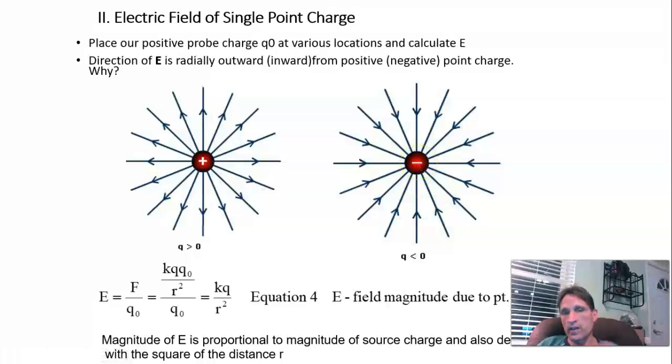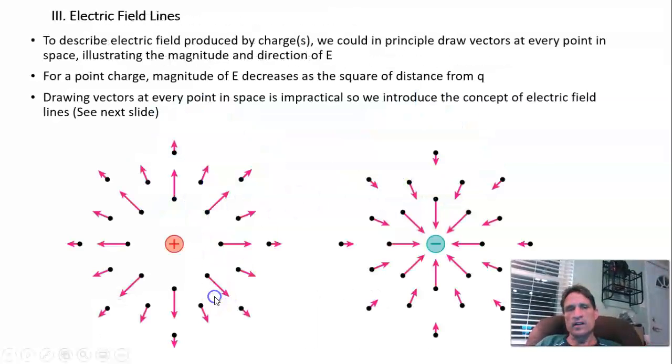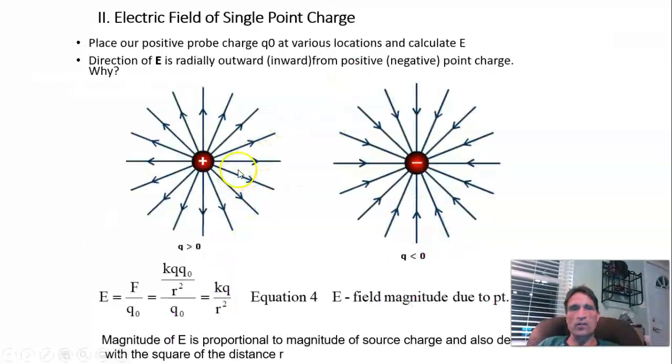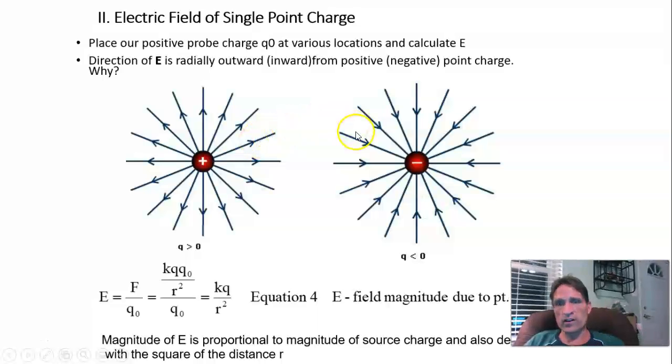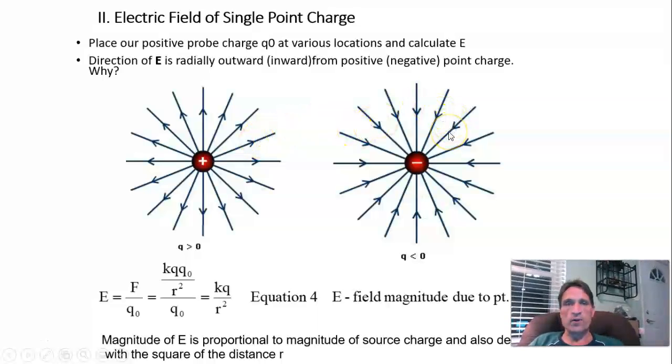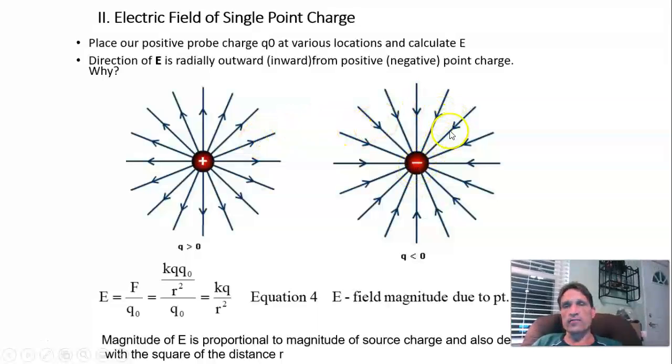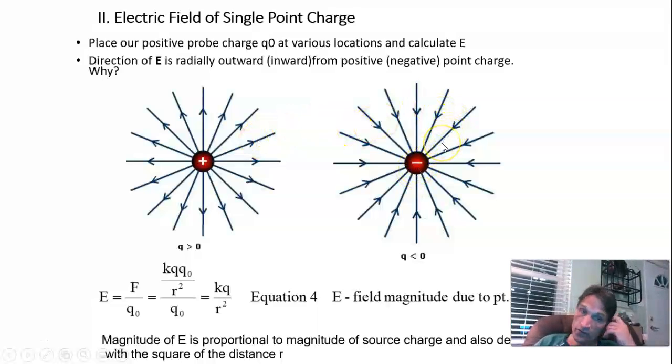So in this case, you should be able to calculate the electric field due to a positive or a negative source charge. It's just kQ over R squared. For a positive source charge, the field lines point away from the charge, and for a negative source charge, they point toward the charge.